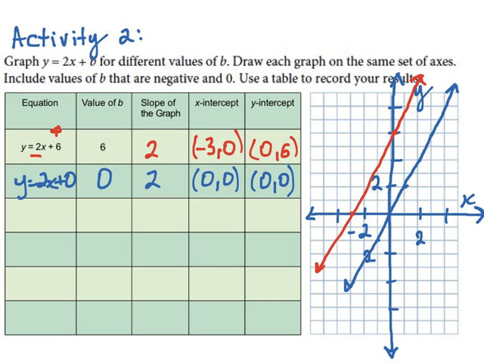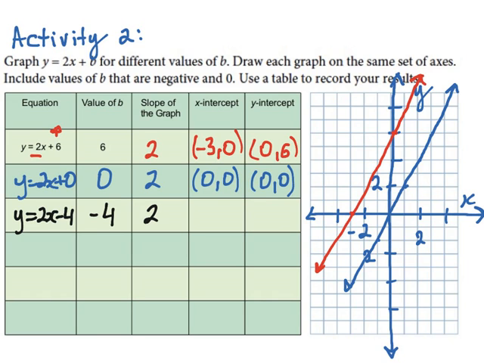Let's have one more equation where we have a negative y-intercept. So now we'll choose the y-intercept as -4. Our value of b has changed to -4. The slope is still 2. And let's graph this equation.